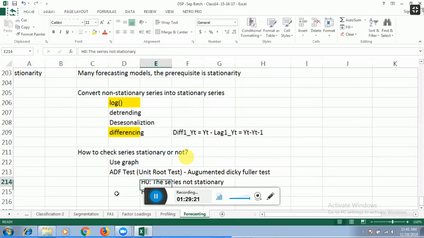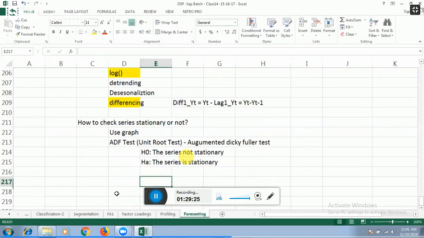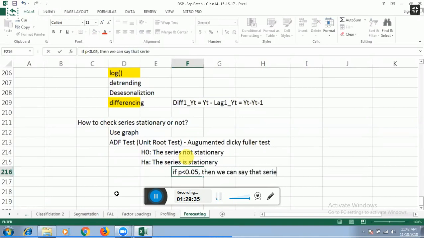So by looking at the test results, how can we conclude whether the series is stationary or not? If my p-value is less than 0.05, then we can say that the series is stationary. So perform the ADF test and look at the p-value. If the p-value is less than 0.05, I can say that the series is stationary.